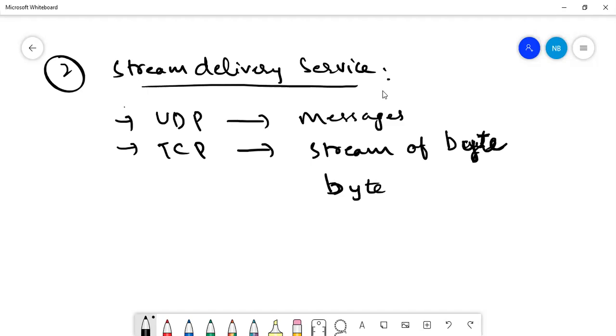And one more thing, as we are discussing process to process communication, there will be a sender and a receiver.